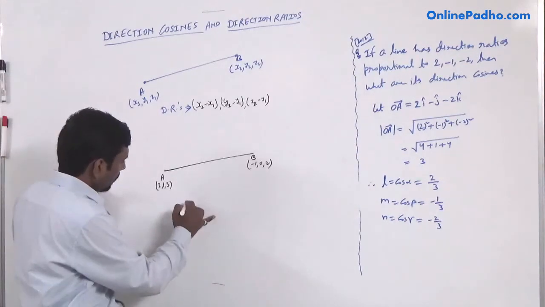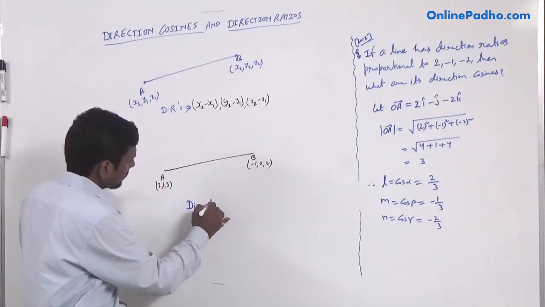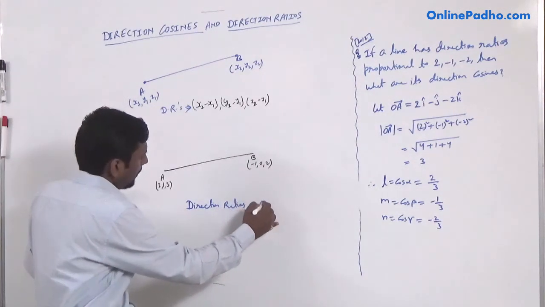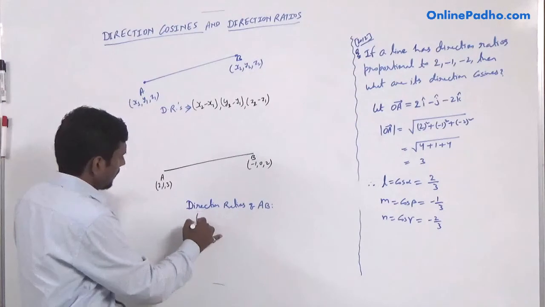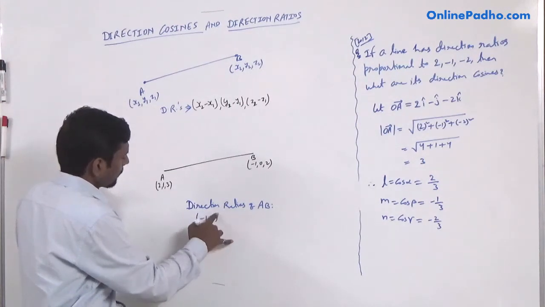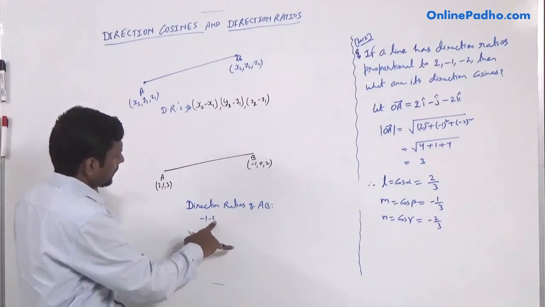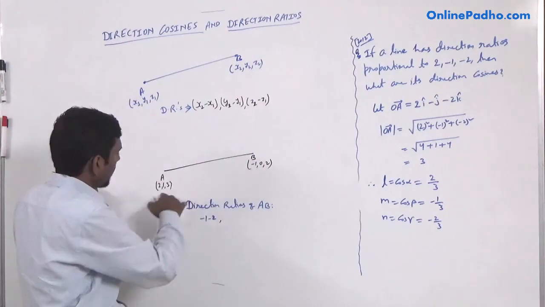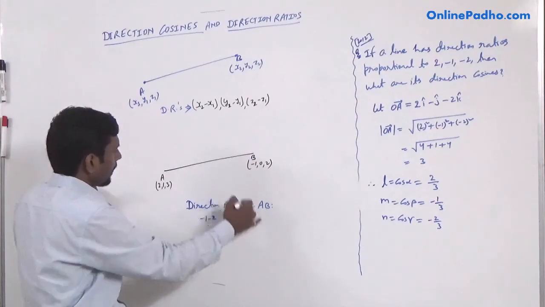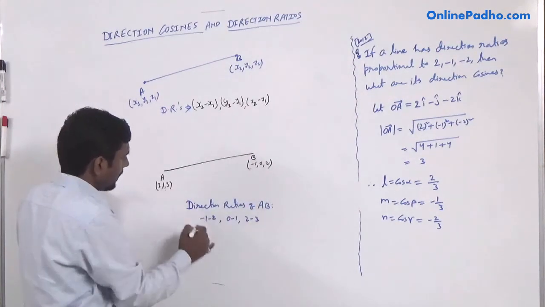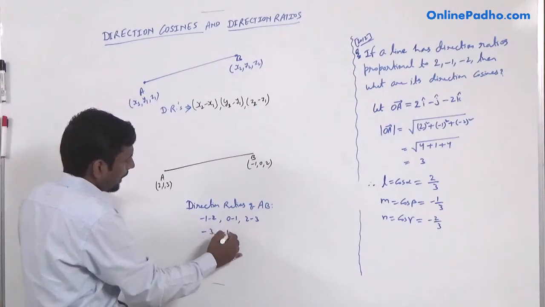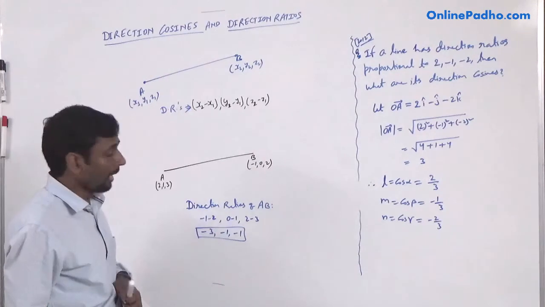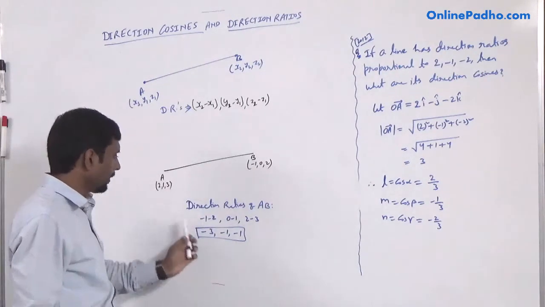The direction ratios of the line AB can be written as minus 1 minus 2 for the i component, 0 minus 1 for the j component, and 2 minus 3 for the k component, right? So it will be minus 3, minus 1, minus 1. These are called the direction ratios of the line AB, and the direction ratio of line BA can be written as 3, 1, 1.